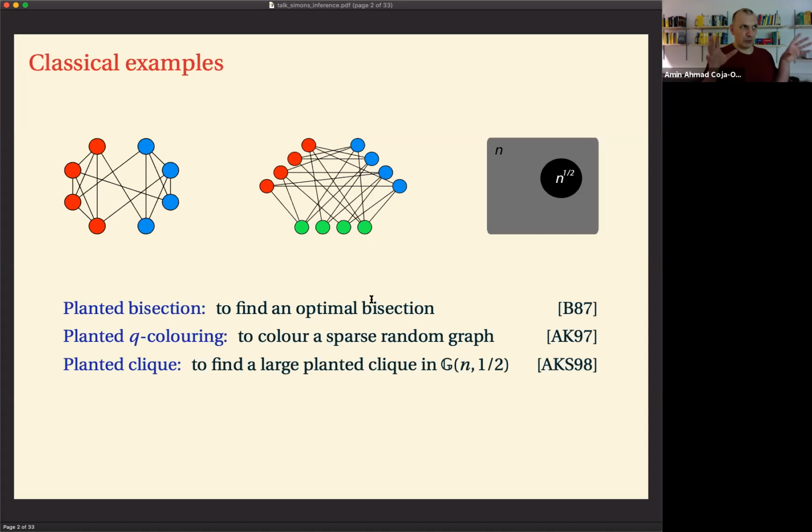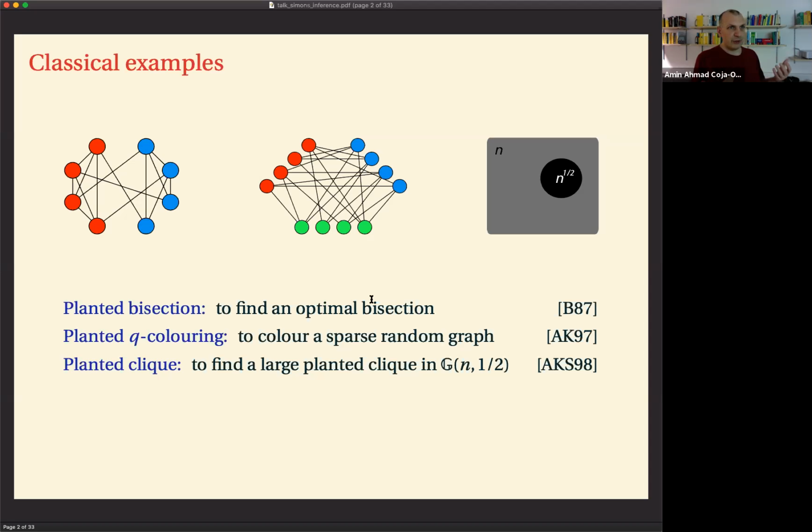So what you would do is you would take a large set of vertices and partition the vertices into two classes, red and blue, and then insert edges randomly so that edges between vertices of the same color are preferred. And then your objective would be to find the optimal bisection in this model, the bisection that cuts the least number of edges.